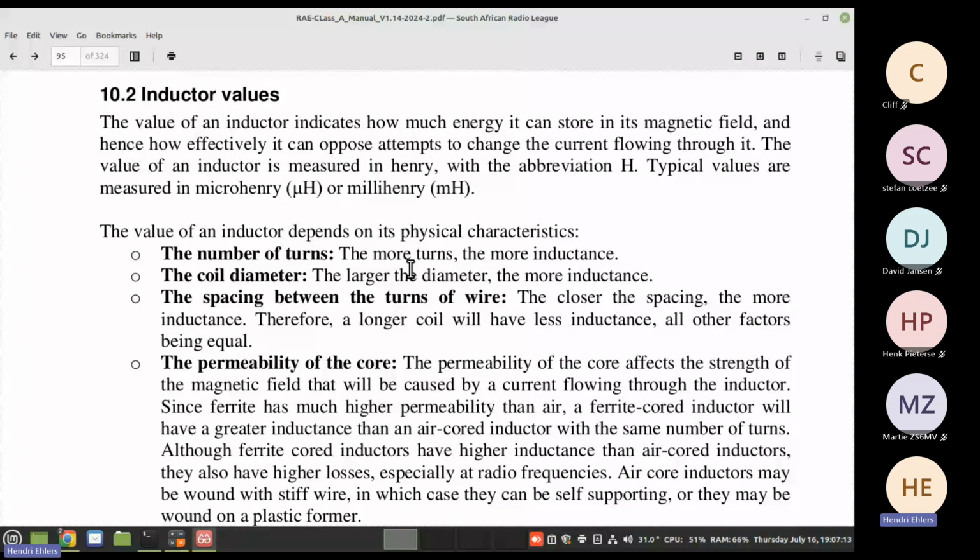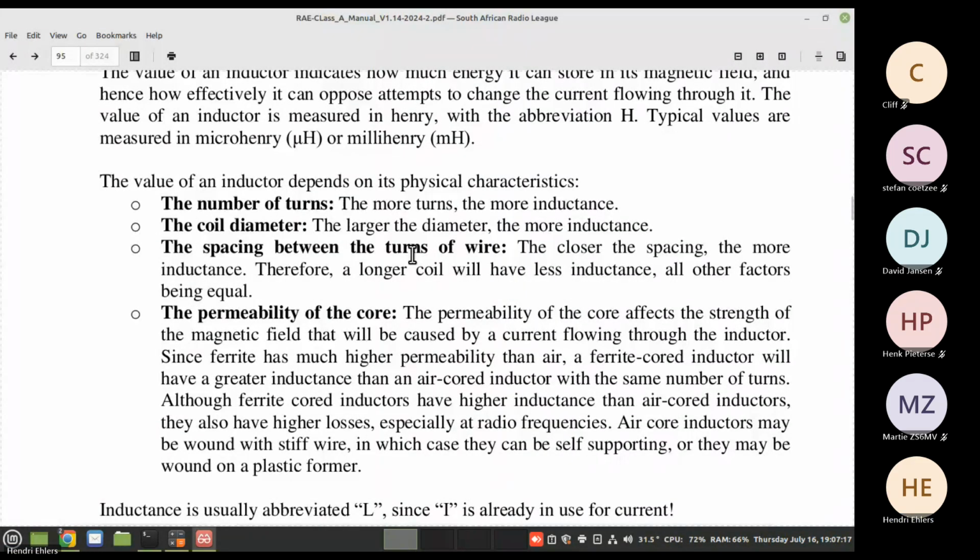Since a ferrite core has much higher permeability than air, a ferrite core inductor will have a greater inductance than an air core inductor with the same number of turns.